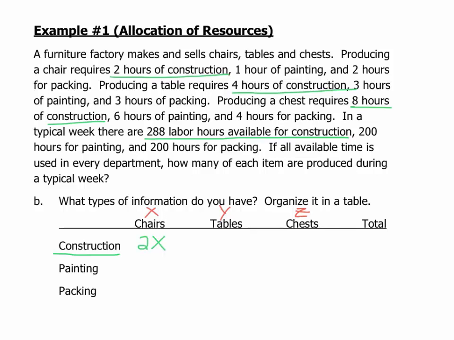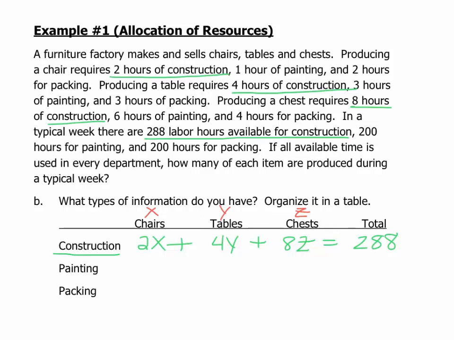Each table requires 4 hours, so 4 times y is the total number of hours used for making tables, and then 8z is the total number of hours used for constructing chests. This gives us a total of 288 hours. So the sum of these 3 values gives us 288, and this gives us our first equation.